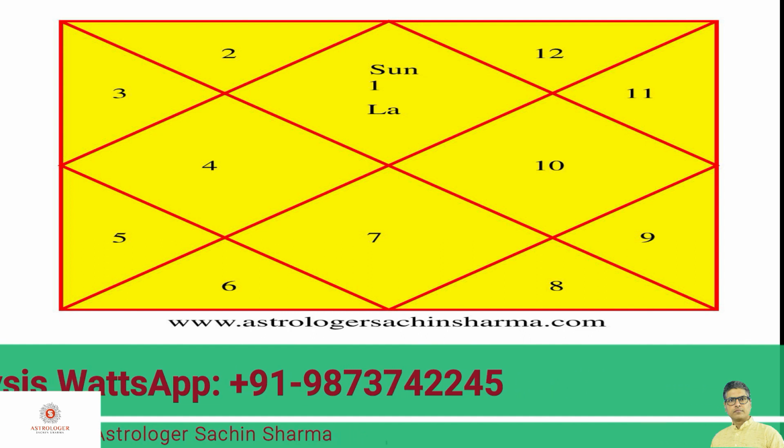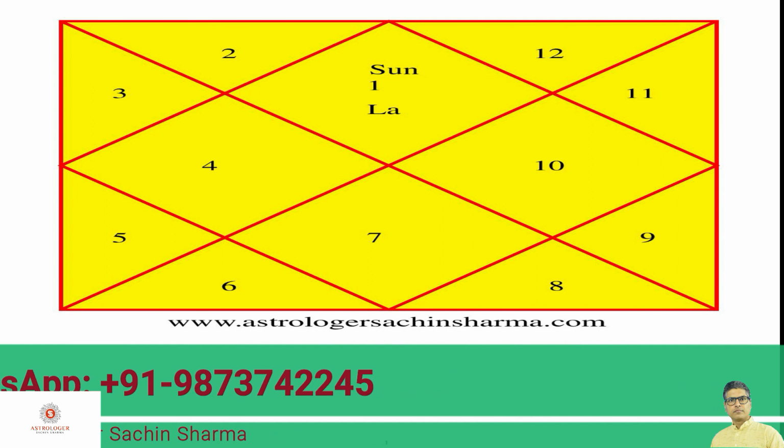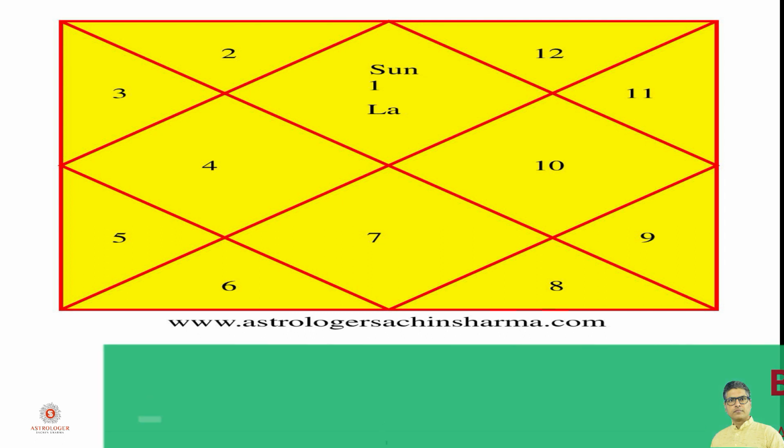Therefore Jupiter is not the malefic planet or Marka planet in Aries ascendant. So in the Aries ascendant birth chart we can say that Mercury is the only malefic planet.